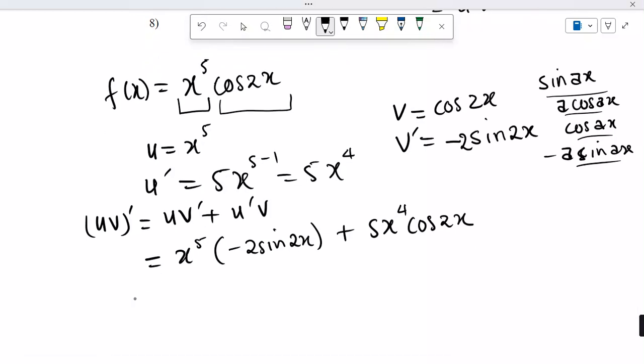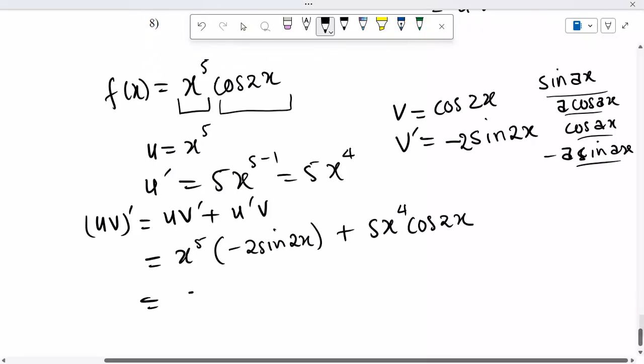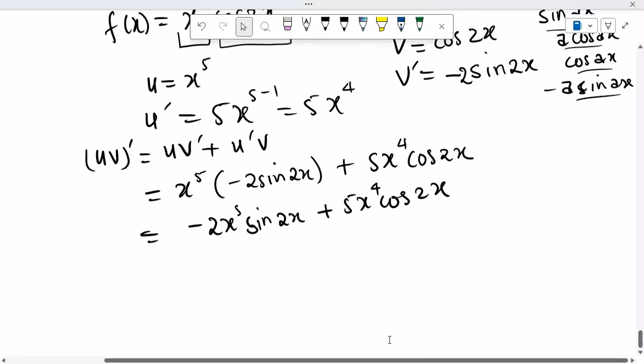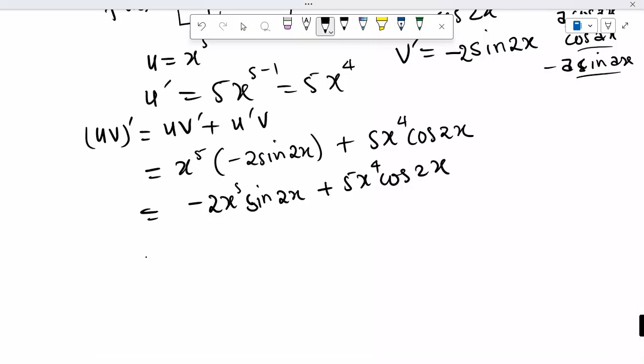Okay, so we can further simplify. This will be negative 2x to the power 5 sine 2x plus 5x to the power 4 cos 2x. Let's make it more mathematical. We can factorize the x to the power 4.